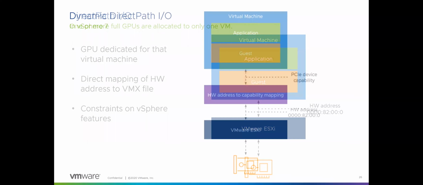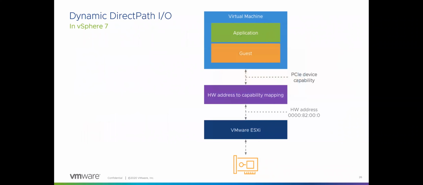To overcome those challenges, we came up with dynamic direct path I/O. And this is something that we introduced in vSphere 7. So no longer are we coupling the hardware address from the PCIe device directly into the virtual machine, but we have a sort of capability mapping in between.